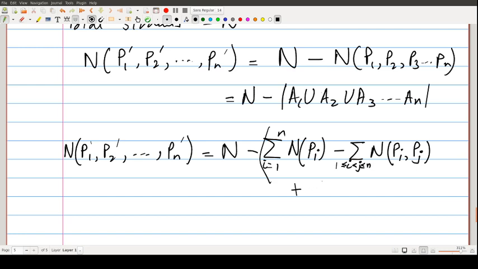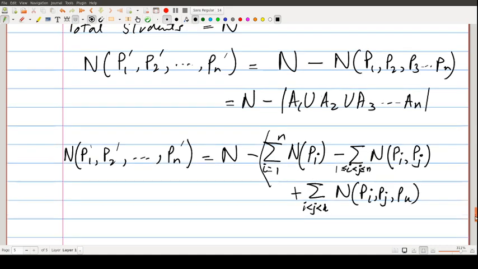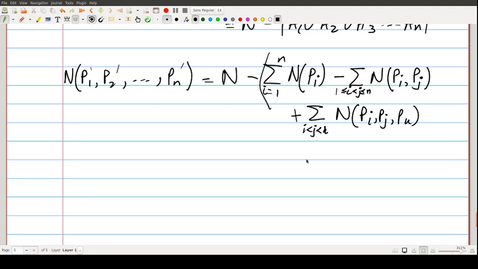Then I will include the students who've taken three courses, Pi, Pj and Pk, where i is less than j, less than k, and so on up until I get to the last intersection, which is minus 1 to the power n plus 1, the students who've taken all of P1, P2, P3, all of these courses.